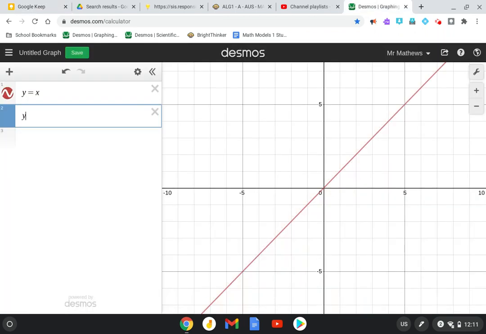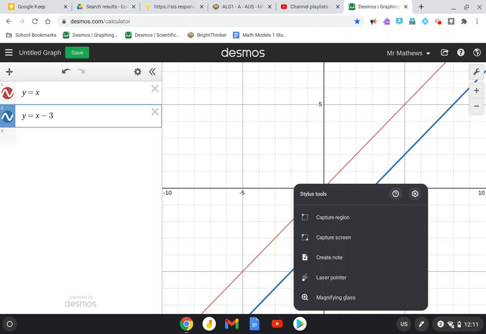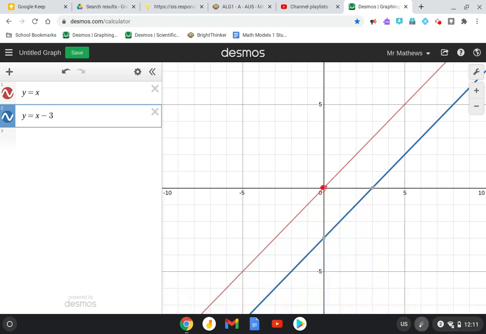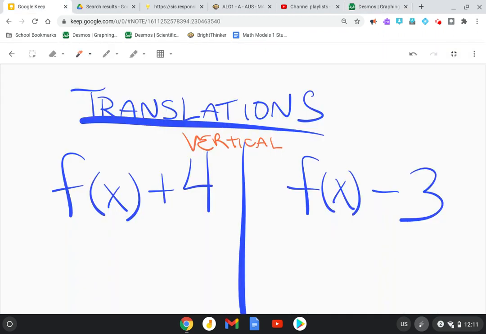So in other words, if I do y equals x minus 3, this graph has been shifted down 3 units. If we go back to our original point and we go down 1, 2, 3 units, this has been shifted down 3 units. So we know that when we do a plus or a minus, this changes the function.